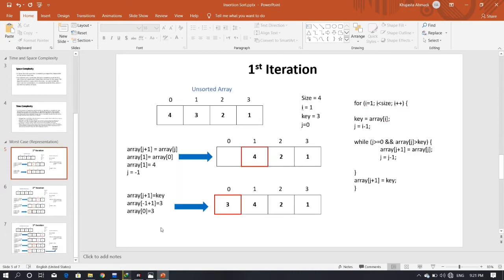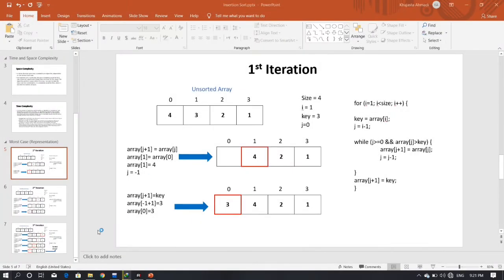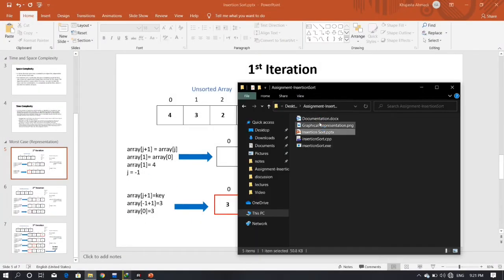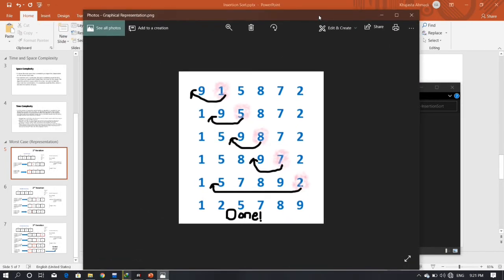So before we begin, I would like to give a general demonstration. If we look at this simple graphical representation, which I would like to open now, this is the unsorted array. It would start with the second element and move it towards the right, because when it compares it to the first element, the first element is greater.